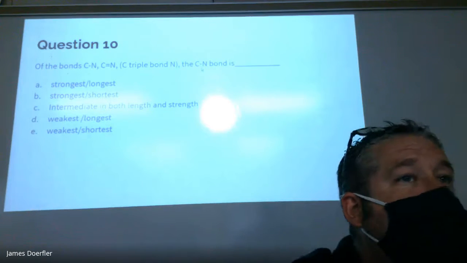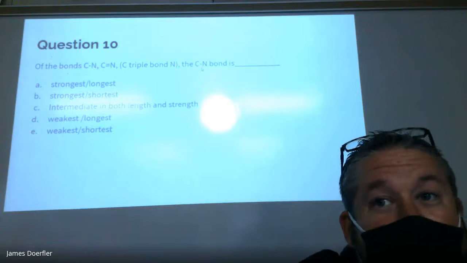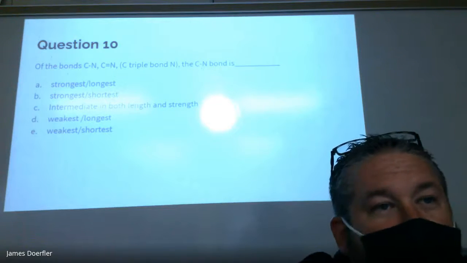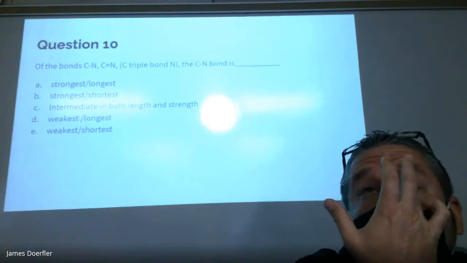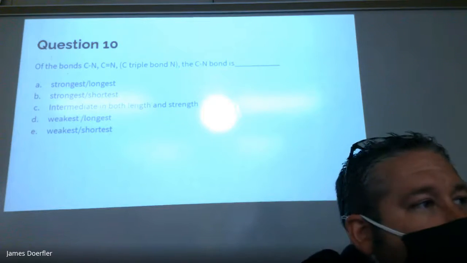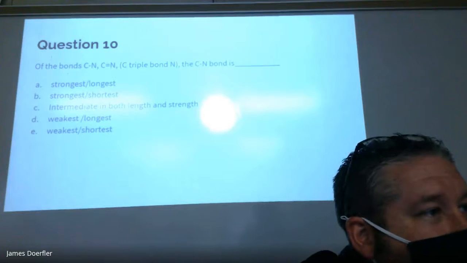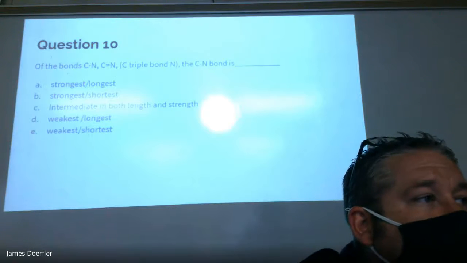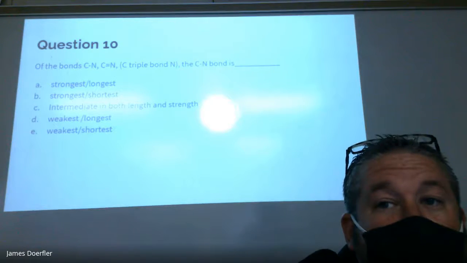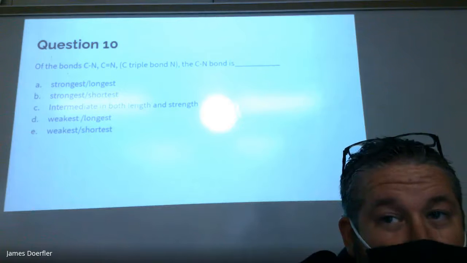Well, we talked about bond length and strength when we discussed that section on multiple bonds. And we said that the more bonds you add, the shorter the distance becomes. And also, the more bonds you add, the more energy is required.